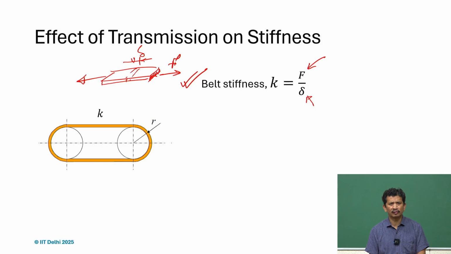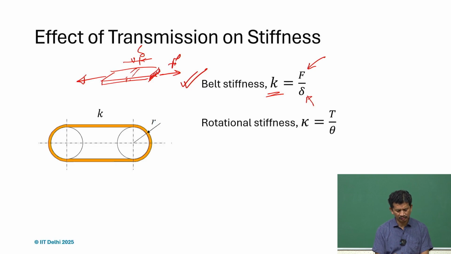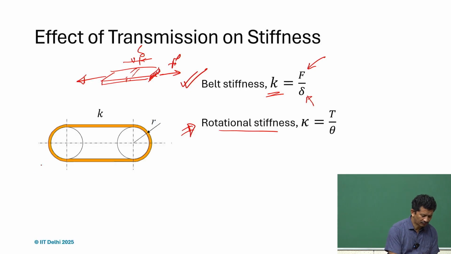That we already know. If K is the belt stiffness and it is going over a pulley, what happens? We might be interested in knowing the rotational stiffness, because these belt driven systems are attached to different elements and there are many shafts attached.